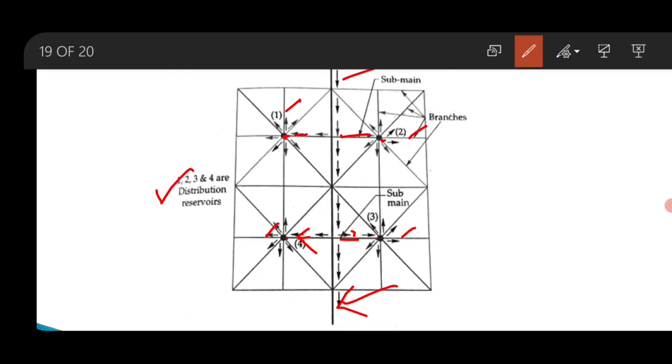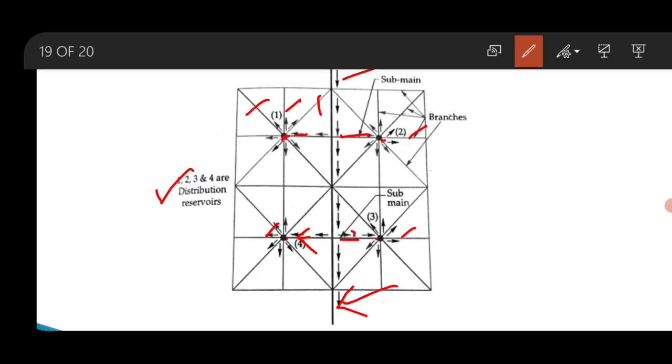So water is pumped from the main to the distribution reservoir, and the water is then supplied through radially laid distribution pipes. These are the distribution pipes.